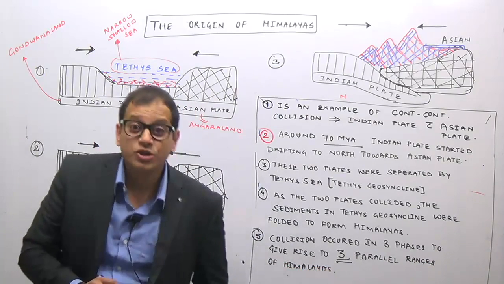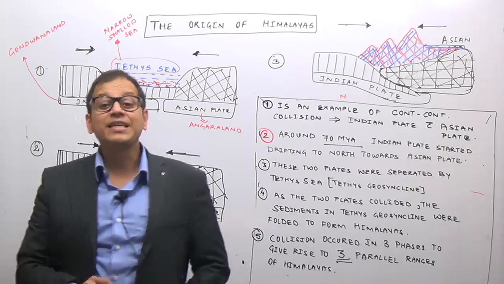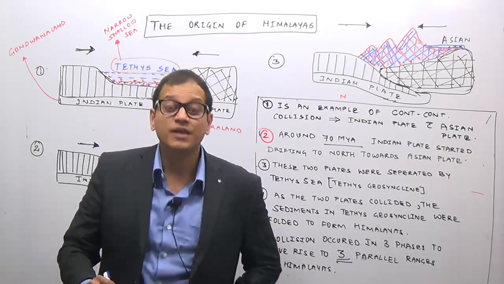So, because the collision occurred in three phases, we can see there are three parallel ranges of the Himalayas.